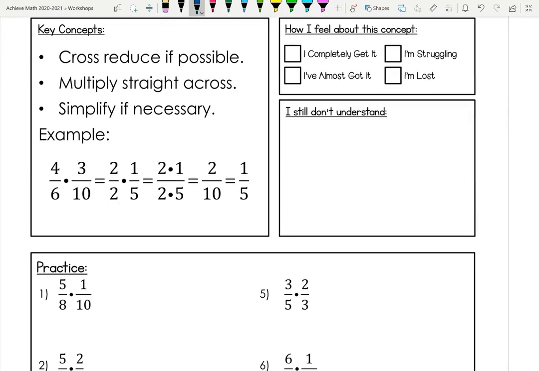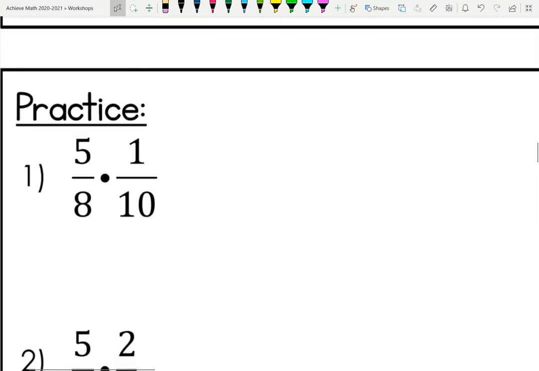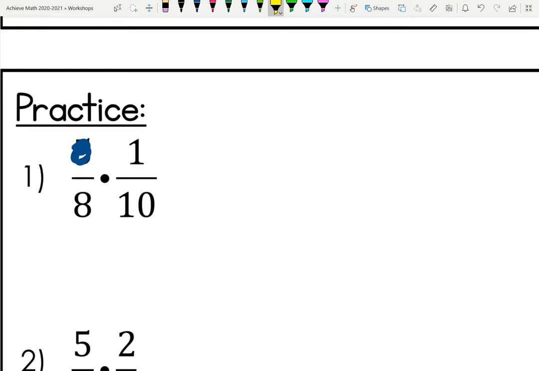All right, let's zoom in. So multiplication means that I multiply the numerators and the denominators together. So I'm going to go ahead and have to multiply 5 times 1 and 8 times 10.